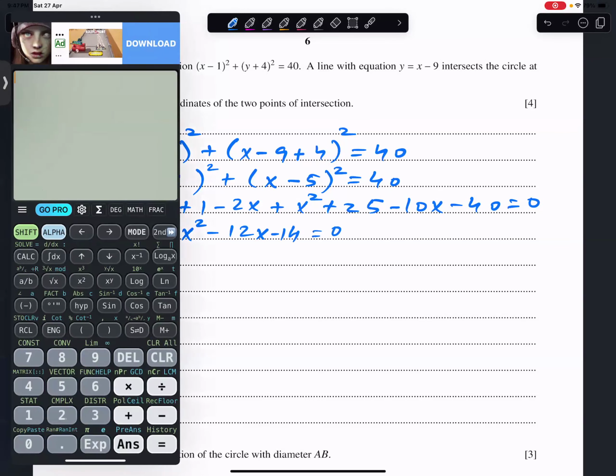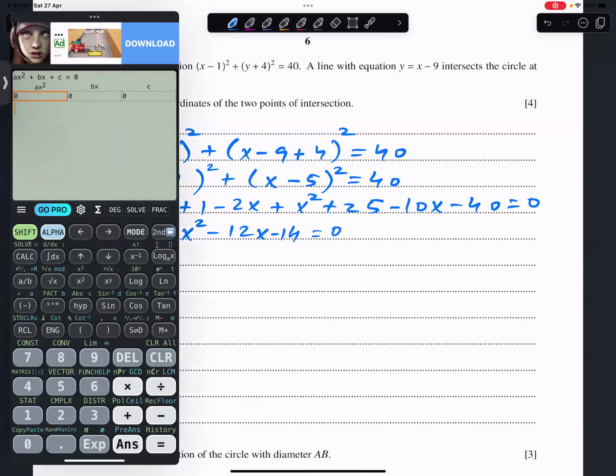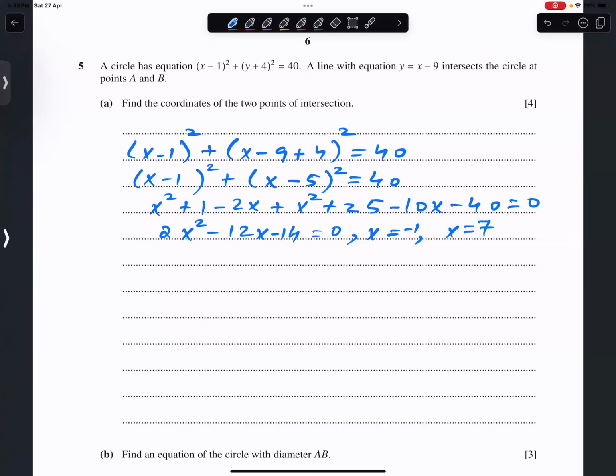So 2, minus 12, minus 14. So x will be minus 1, and x will be 7. So for x equal to minus 1, y will be x minus 9.